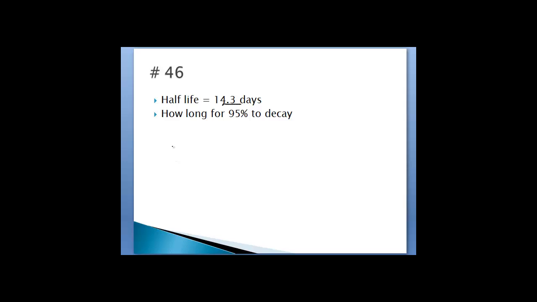Right, since it's first order, we know it's going to be natural log of final over initial equal to negative kT. So what we want to do is solve for T, and we want to know what our initial concentration is and our final concentration. To do that, we need to figure out what K is.